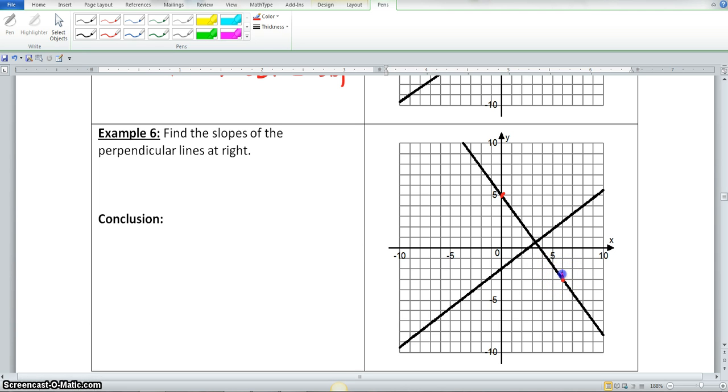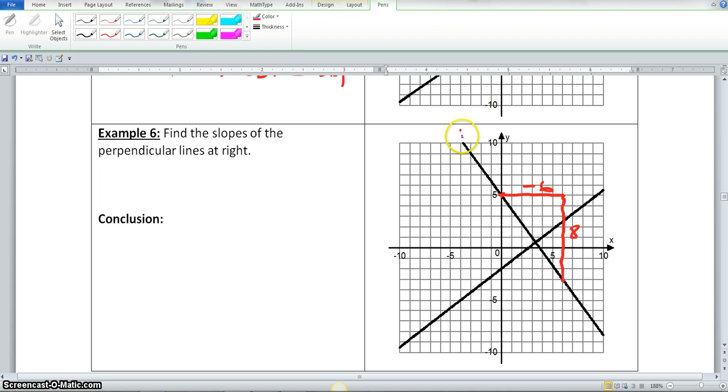We went up 1, 2, 3, 4, 5, 6, 7, 8. Our rise was 8. Now we want to do our run. 1, 2, 3, 4, 5, 6. Our run is 6, but since we went to the left, it would be -6.